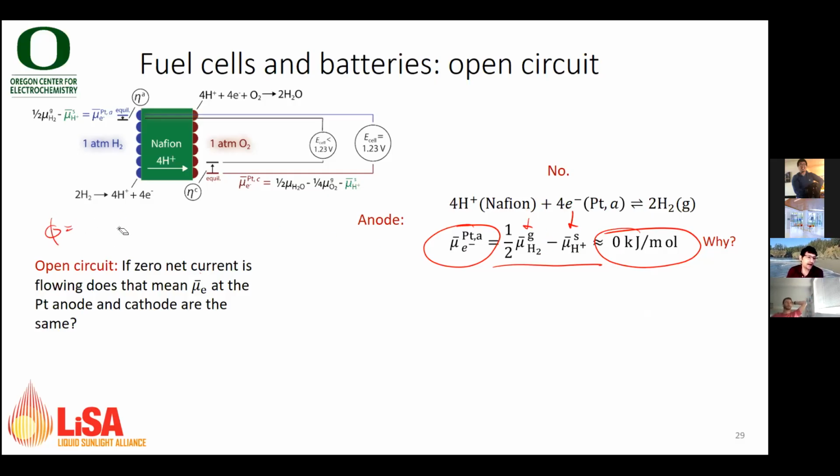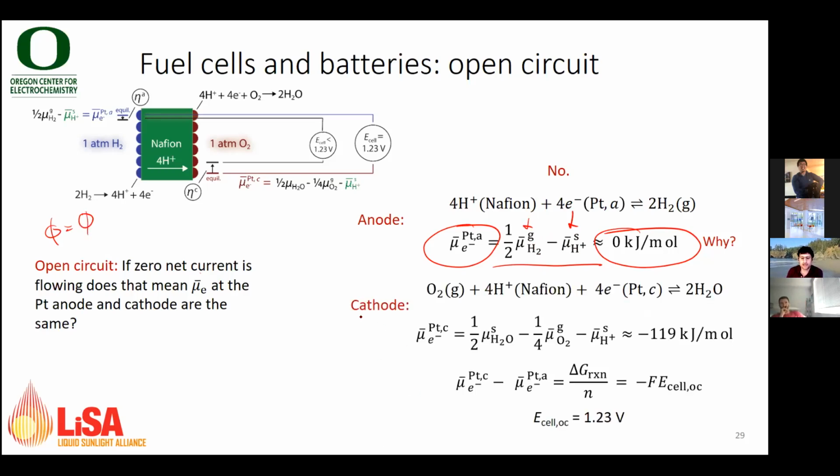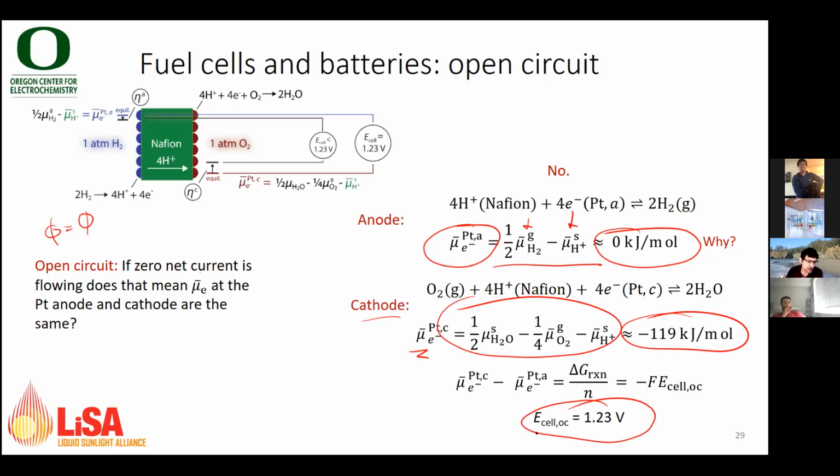Then I can do the same calculation for the cathode and calculate the electrochemical potential of the electron in the cathode based on these terms. Then I can get an open circuit voltage of 1.23 volts, E cathode minus E anode, which of course we all knew, but now you can see how it connects fundamentally to these pictures of the free energy of the electrons.